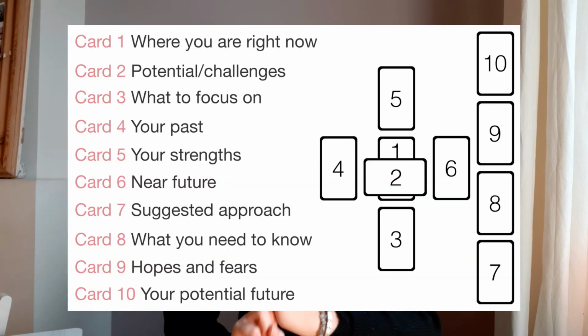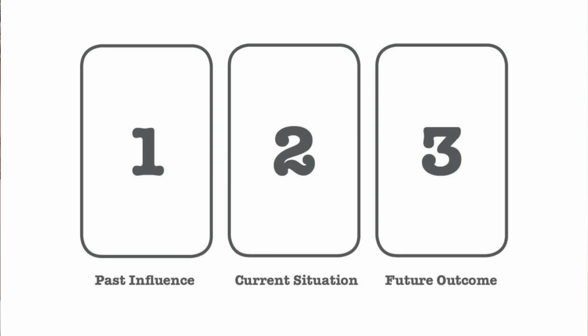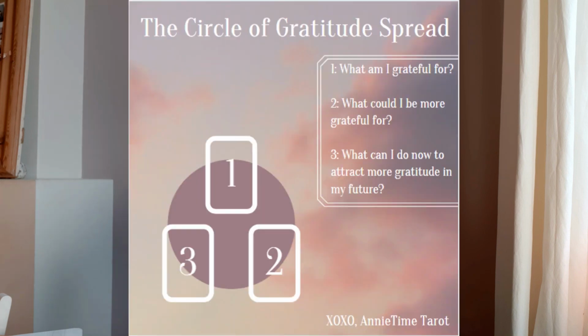There are some very well-known spreads like the Celtic Cross or the past, present, future spread, but there are also thousands of other spreads on the internet which were made by other tarot readers. Which means that you can actually make your own spread as well. Actually, some of these spreads that are on the internet already have questions in the spread. So in this case, you don't have to come up with a question first.